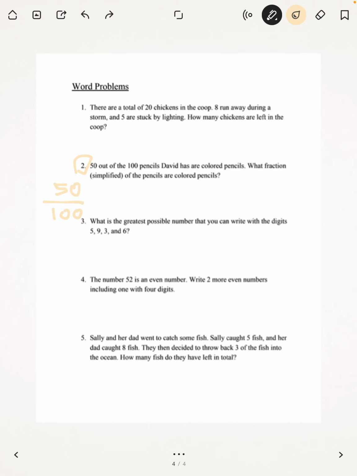So what number can both of these be divided by? There are many numbers you can use, but it's easier to use the biggest number. The biggest number we see is 50. We can divide both the top and the bottom by 50.